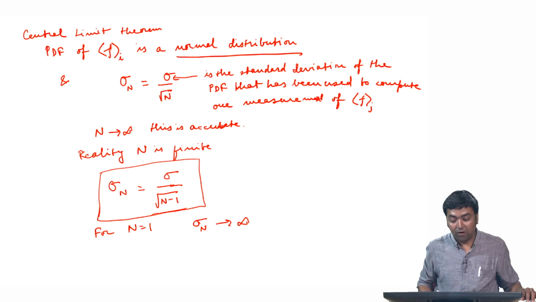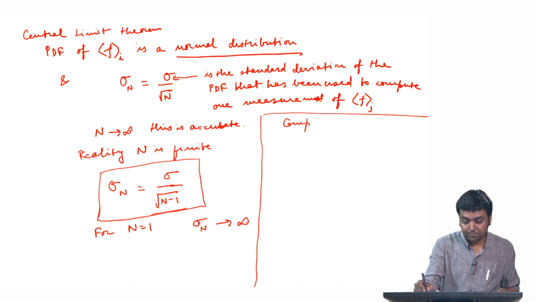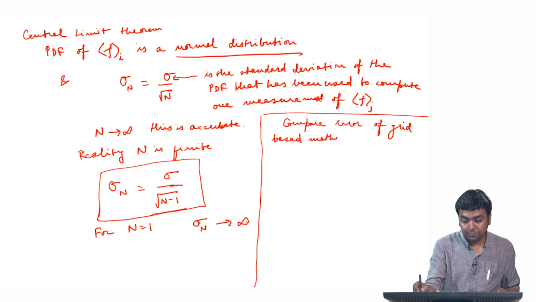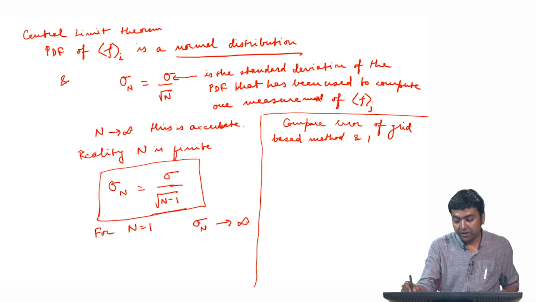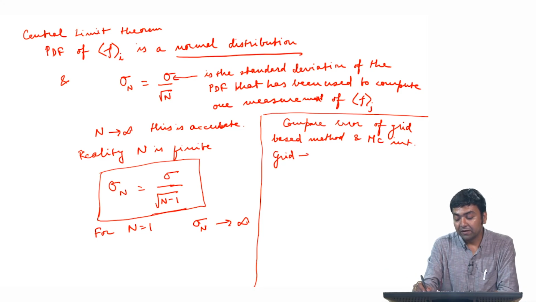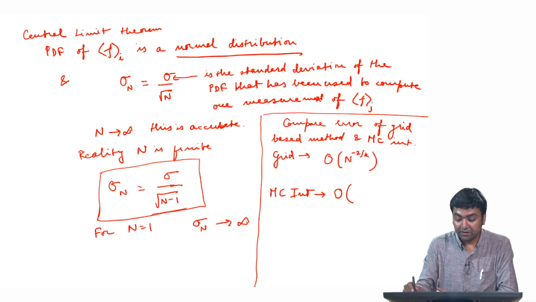Now, if we compare the scaling of the error of grid based methods and MC integration: to remind you, for the grid based method, the error scales as order n to the power minus 2 by k, while for Monte Carlo integration, the error scales as n to the power minus half.